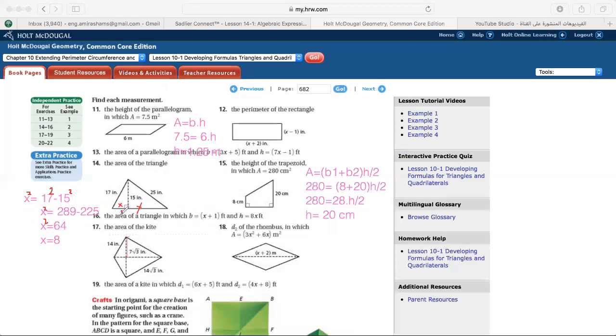So this part is 8. What about y? I'm going to repeat all the steps that I did for 8, so y is going to be 20.